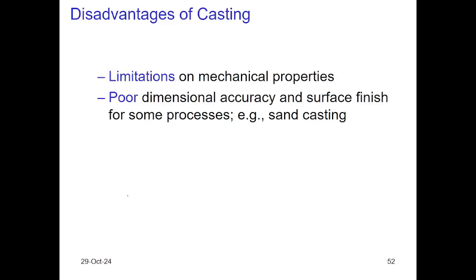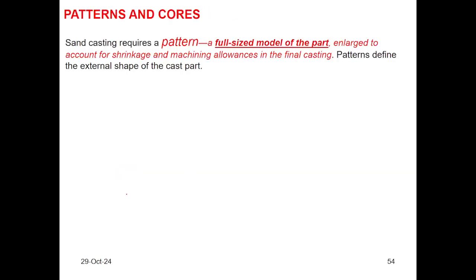Advantages and disadvantages of the casting process, we already talked about such things. And then there is a complementary topic about cores, especially patterns and cores. Pattern, remind you, is a full-size model of the component. It is the object to manufacture using the casting process.